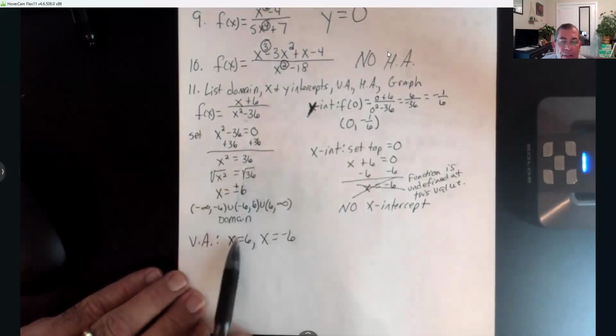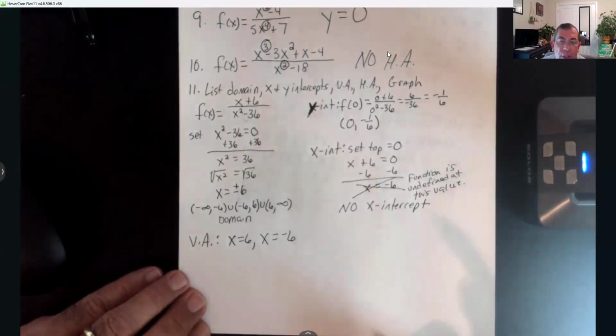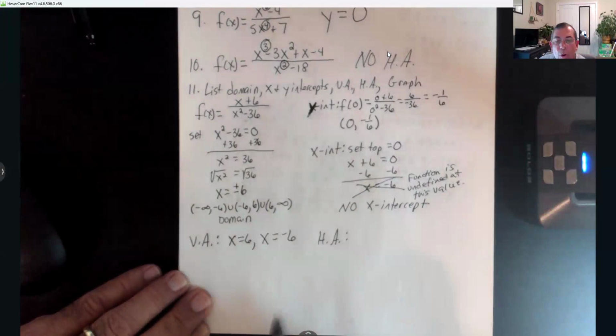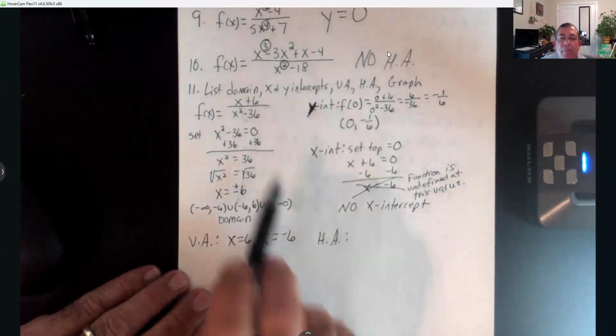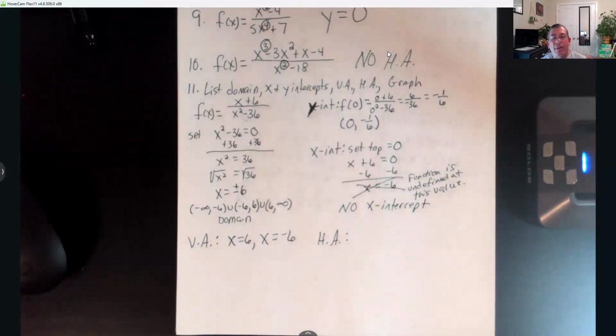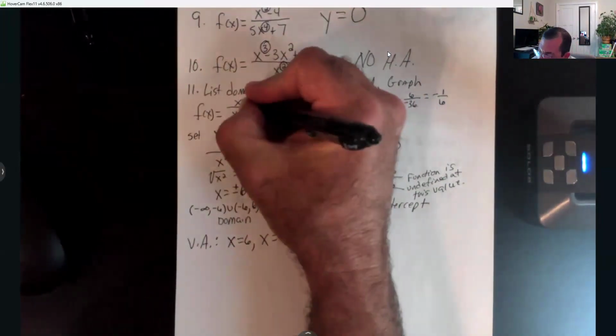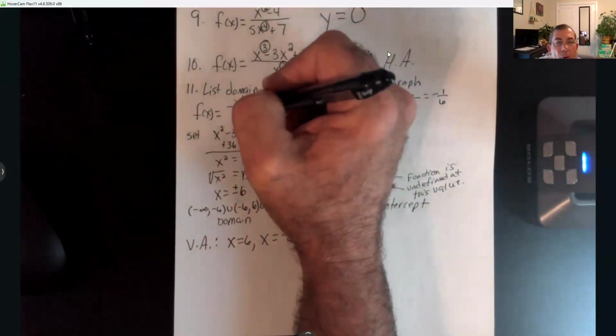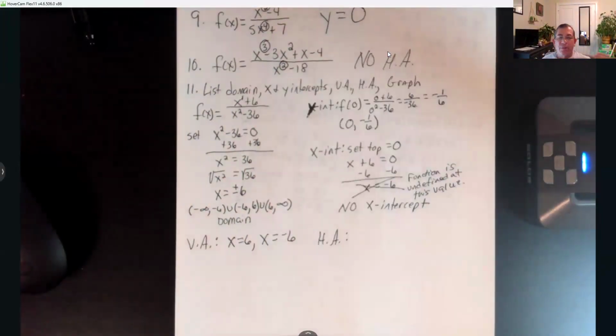So that answer has two places we're using it, okay? Horizontal asymptote. Well, here's your function. So your degree on top, since there's no exponent, is a 1. Your degree on bottom is a 2. So y'all, what is my horizontal asymptote? Since that bottom has a higher degree than the top.